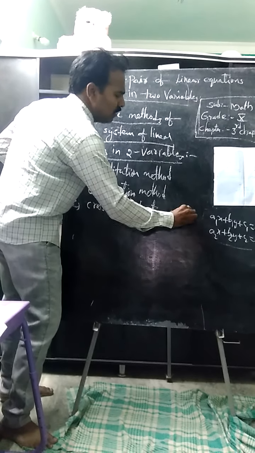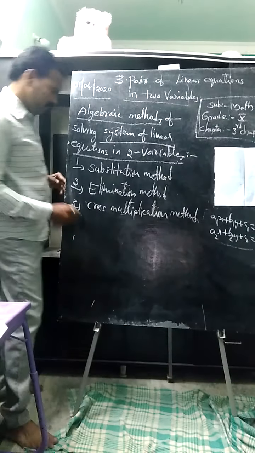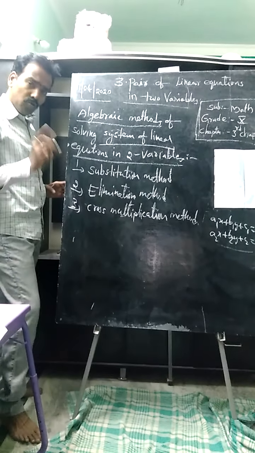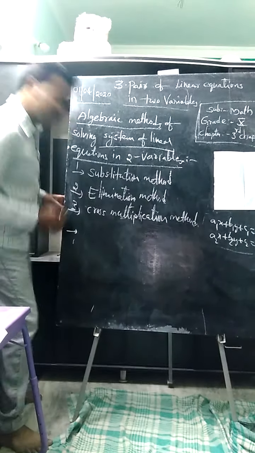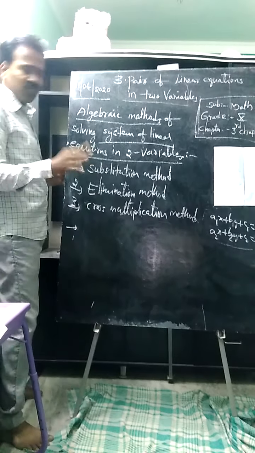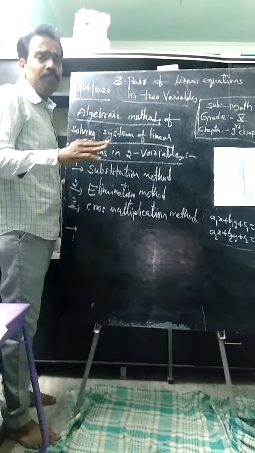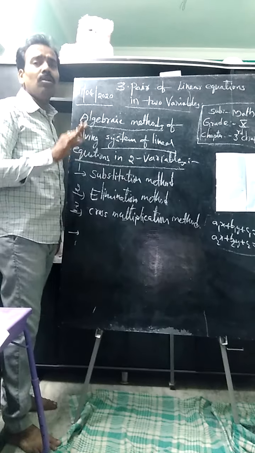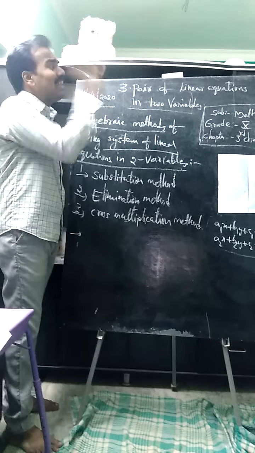These are the main three methods. But apart from this, actually that is not a method, but one of the forms of a pair of linear equations, when they have given equations which are not linear equations.